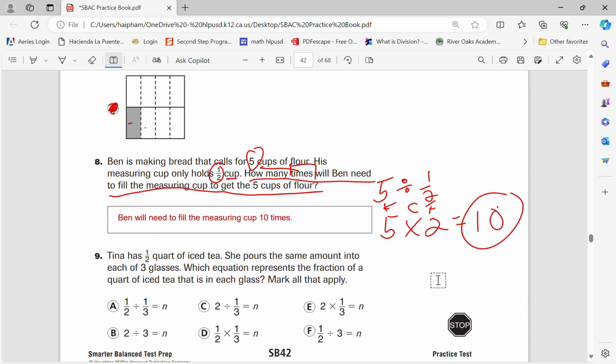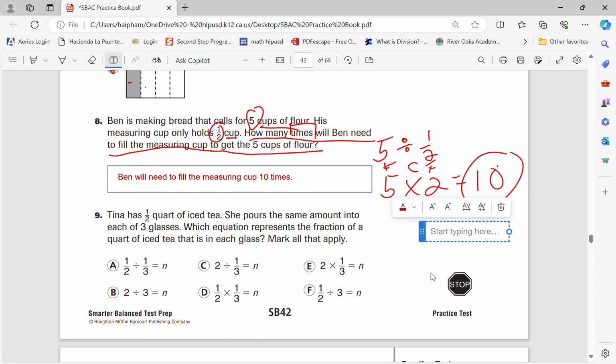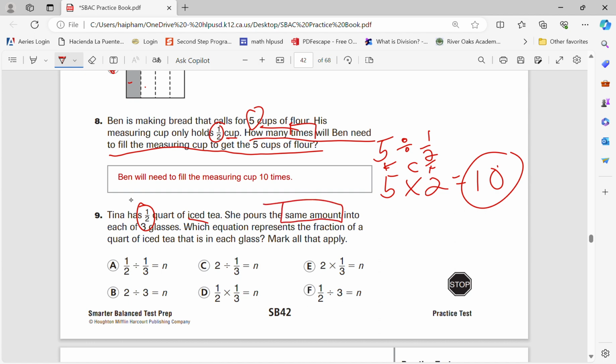Okay, and now let's move down to our last problem for the day. Number 9. Tina has half a quart of iced tea. She pours the same amount into each of 3 glasses. Which equation represents the fraction of a quart of iced tea that is in each glass?